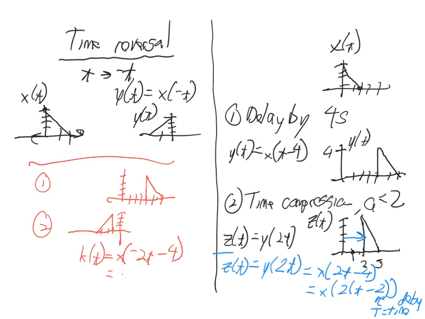Well, let's factor x of -2t plus 4. Okay, so did we, no, we did not do that right. Let's see, I factored wrong, that's why. So there we go.